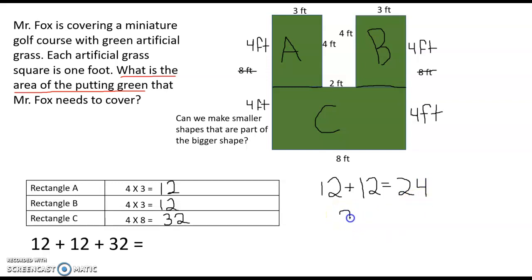So now I need to add 24 plus 32. 4 plus 2 is 6. 2 plus 3 is 5. So I've added the area of each of the smaller shapes to find the area of the larger irregular shape, and I got 56 feet. So what is the area of the putting green? 56 feet.